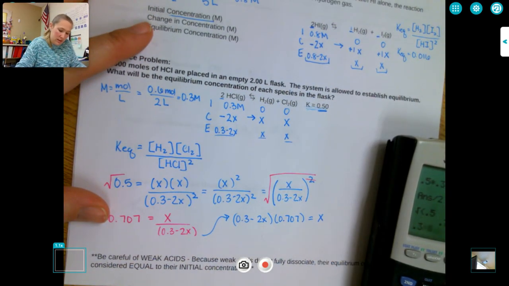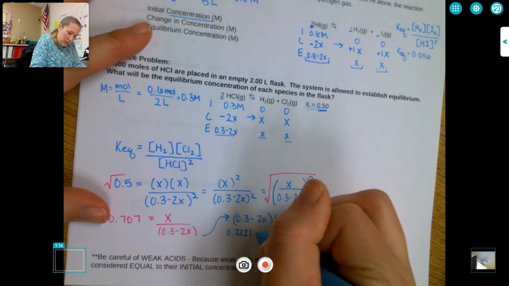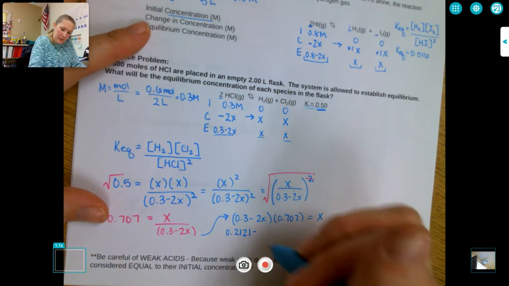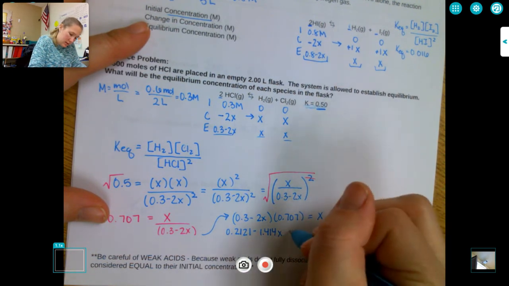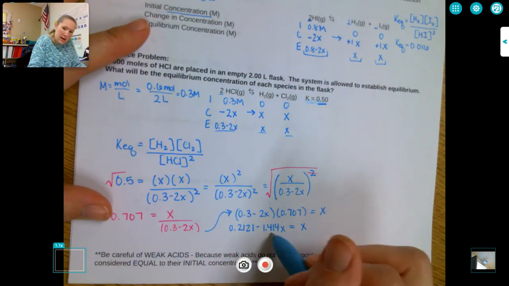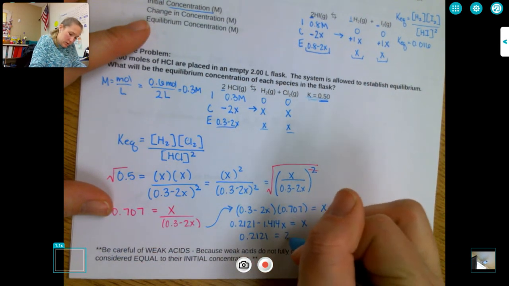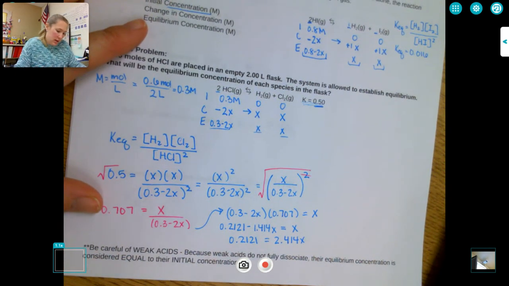So 0.3 times 0.707, 0.212, minus 1.414x equals x. I'm going to add my x's to both sides. 0.212 equals 2.414x. And divide 0.212 by 2.414.